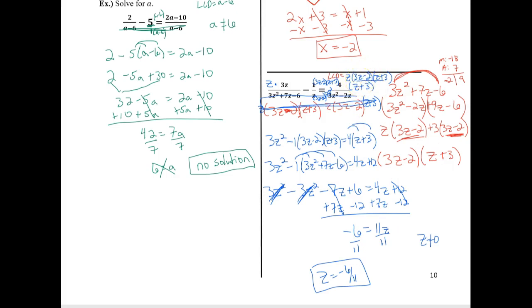I would add 2 and divide by 3 to make that 0. So z cannot be 2/3. And then the last factor, z plus 3, z cannot be negative 3, because negative 3 plus 3 again would give me 0. Negative 6/11 is not one of the restrictions on our domain, therefore that is the solution.